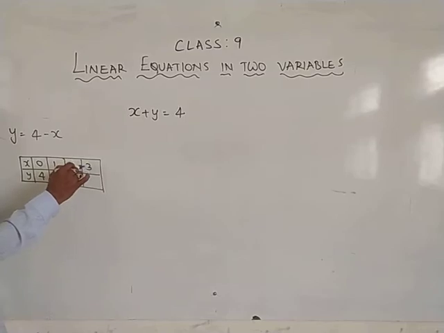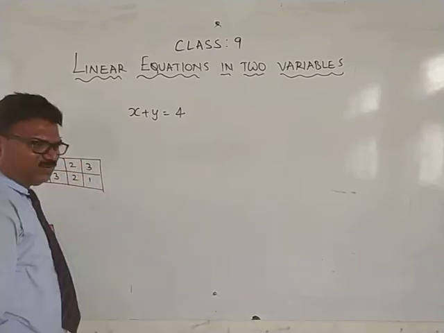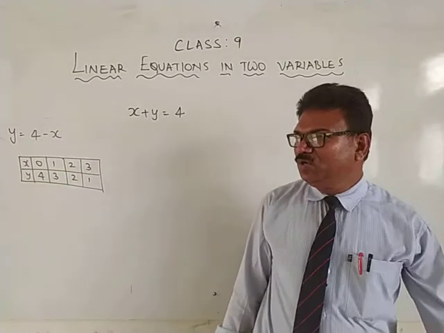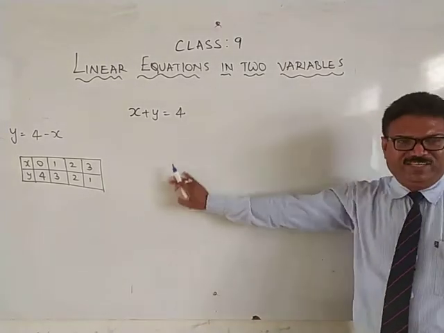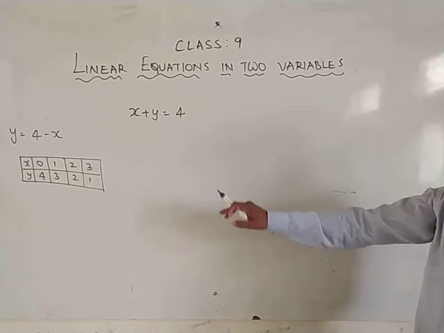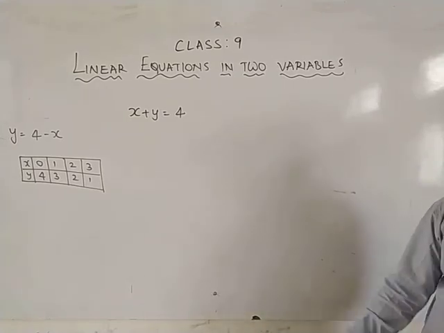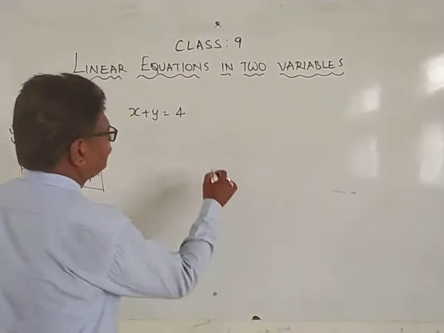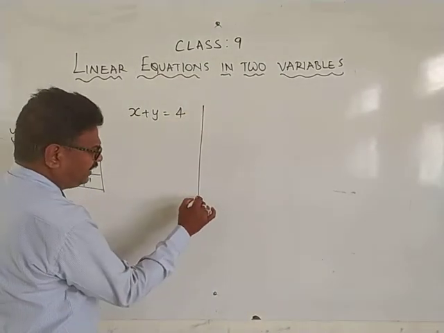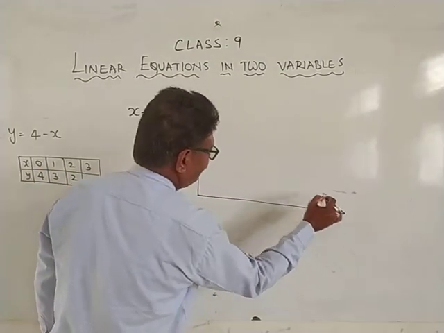If you substitute 3, 1. That much only. Okay? So, I told you to draw a graph, we want 3 to 4 points. Already how many points we got? 4 points we got. And we can draw the graph. So, very simple graph.